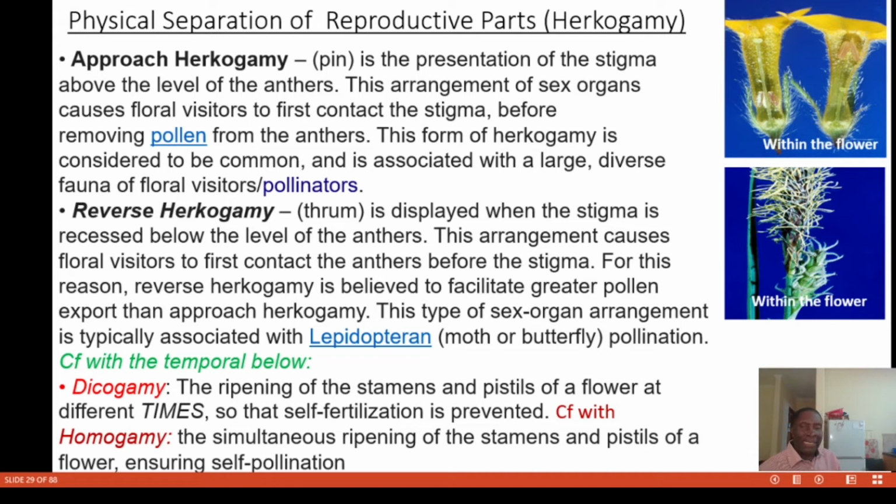Homogamy is the simultaneous ripening of stamens and pistils of a flower, ensuring self-pollination. Homogamy is the opposite of hercogamy and dichogamy.